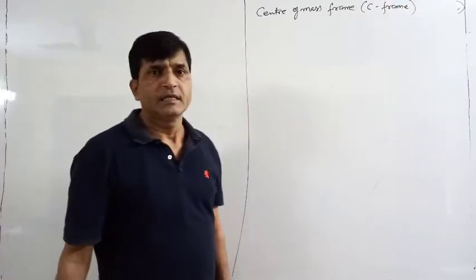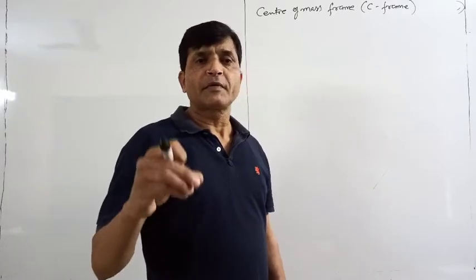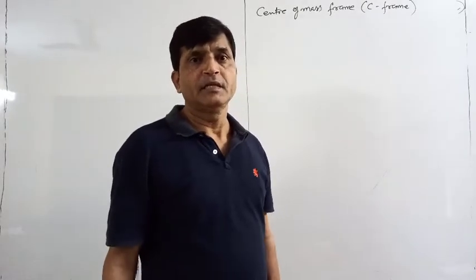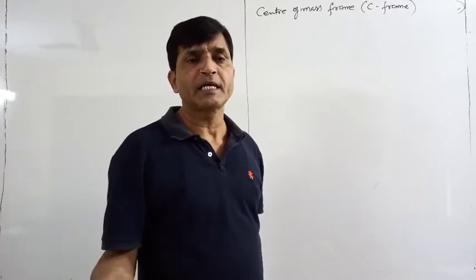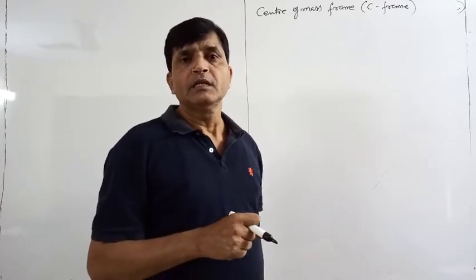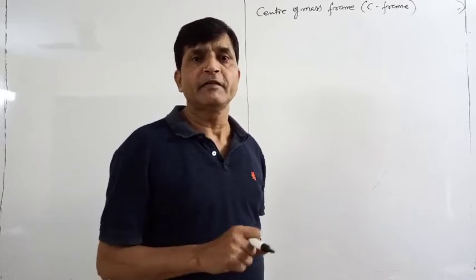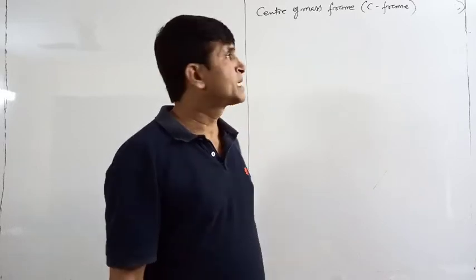Now see, when we are looking from the center of mass itself, the velocity of any part of the system with respect to center of mass will always be zero. So the momentum of the system will always be zero. So momentum is zero.